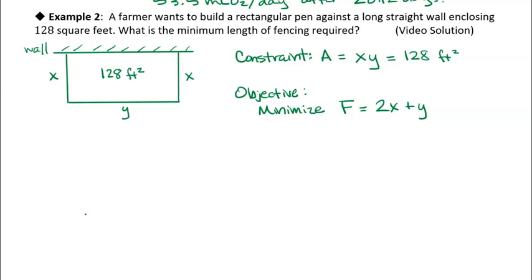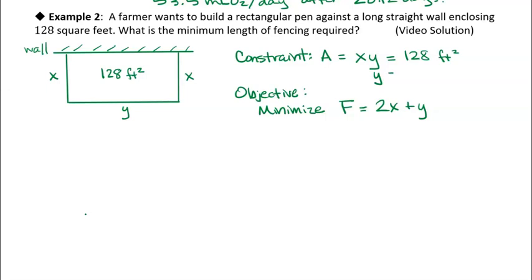So I'd like to be able to take the derivative, set it equal to 0, and do everything that I've done in the past to find the minimum of a function. But right now I've got too many variables. I've got x and y. If I want one variable, that's where the constraint equation is going to come in. I can solve for y in terms of x or x in terms of y, but I'm just going to solve for y in terms of x.